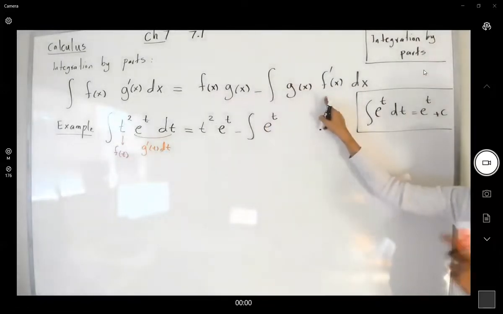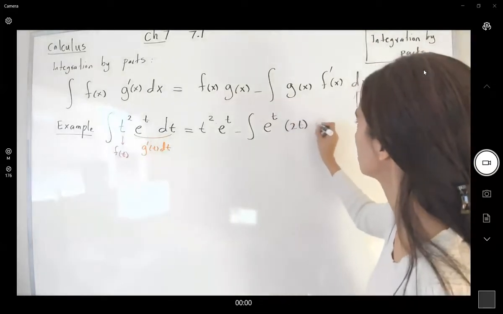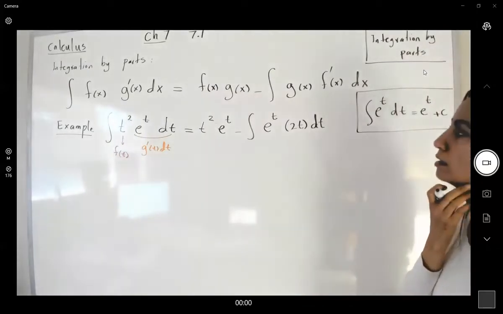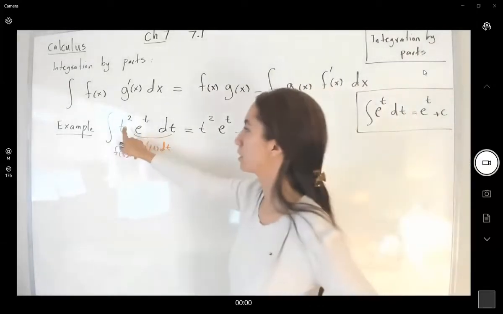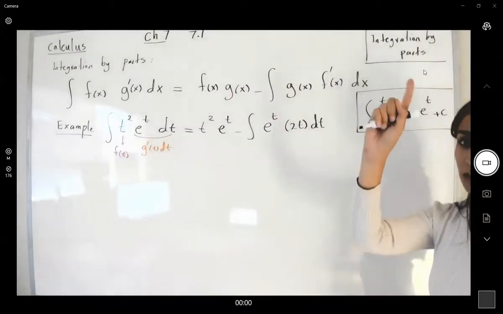F prime, the derivative of t squared is 2t dt. Okay. So we started from t squared. Now it's reduced into t to the first power.